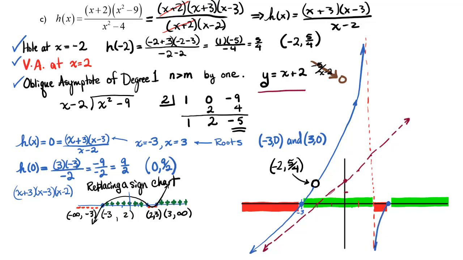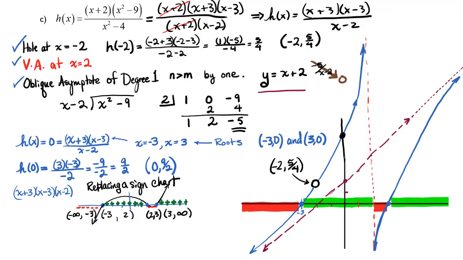And my function has to hug the oblique asymptote to positive infinity, which means the blue line I'm sketching will approach the diagonal or oblique asymptote. The very last thing we'll do is identify where the rational function crosses the y-axis.